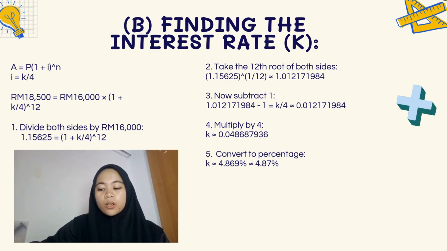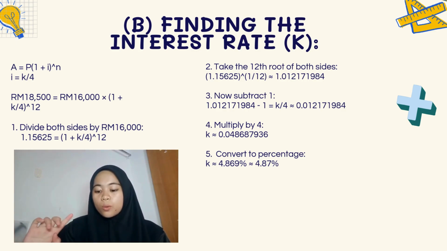So for B, the value of K, I use S equals P(1 + i) to the power of n. So 18,500 equals 16,000 times (1 + K divided by 4) to the power of 12. So first you need to divide 18,500 by 16,000.